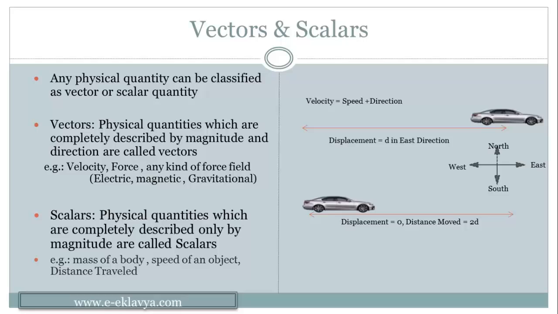But if you see the displacement, the car came back to its original position, so the displacement is 0. Displacement is a vector quantity, whereas distance moved or distance traveled is a scalar quantity. This is a small example of similar kinds of physical quantities, but displacement is a vector, whereas distance moved is a scalar quantity.